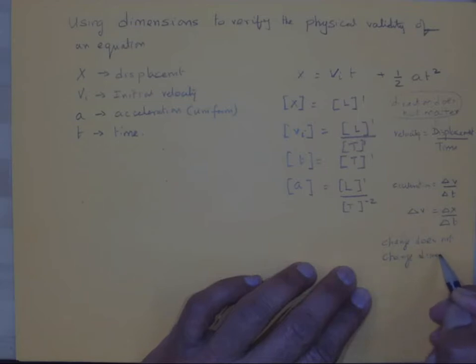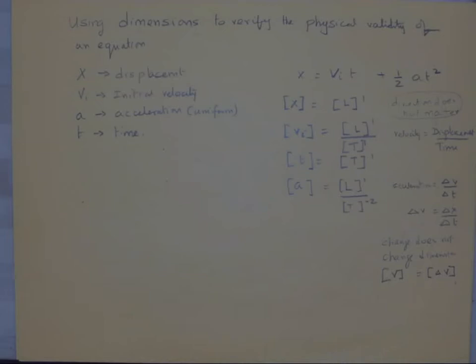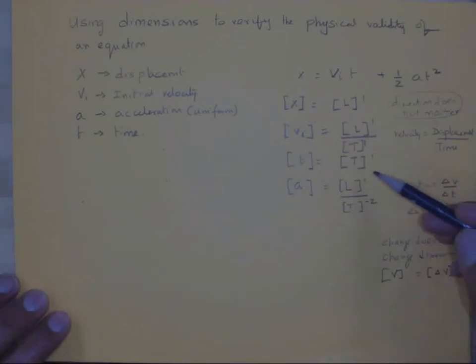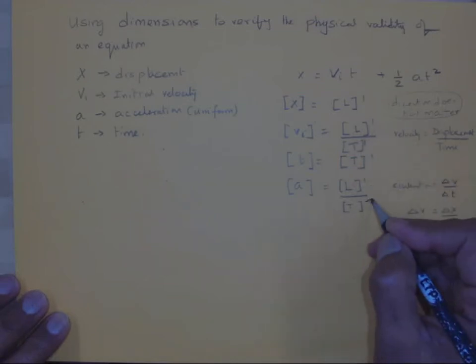That means the dimensions of v are the same as dimensions of delta v, because whether you subtract $5 from $10, you still have $5. The dimensionality does not change, the units do not change. So if velocity is L raised to 1 divided by t raised to 1, acceleration will be L raised to 1 divided by t raised to 2.